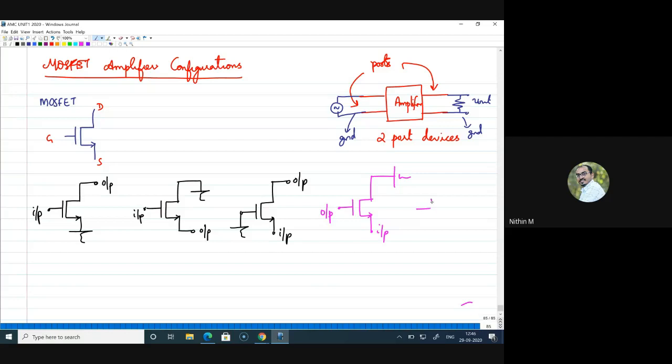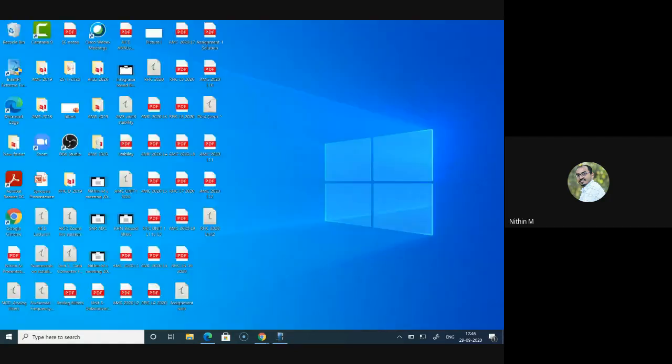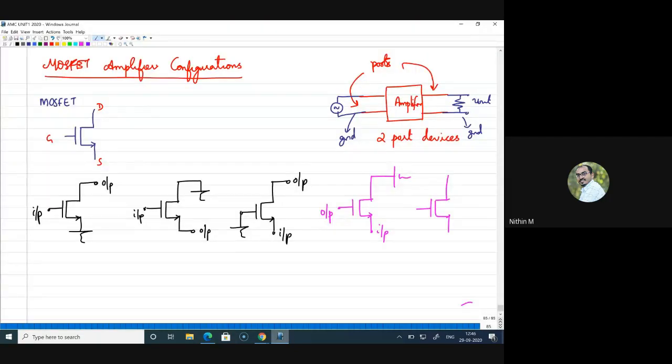Then one more combination can be this, where I will try input. So I have tried input at gate, two combinations, input at source, another two combinations.